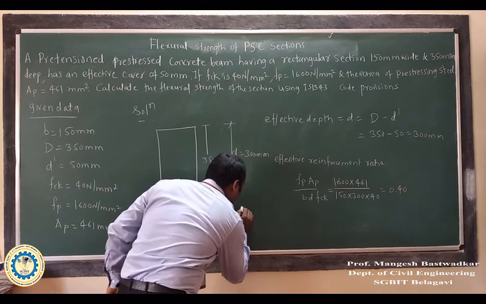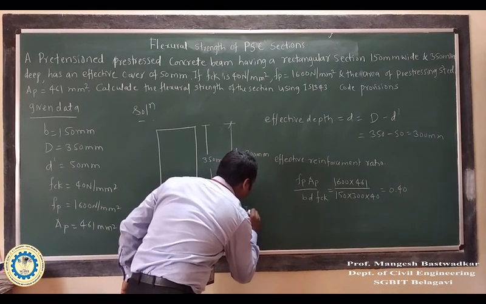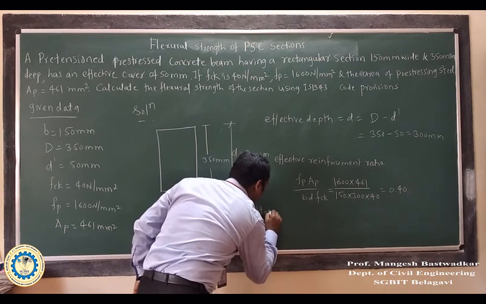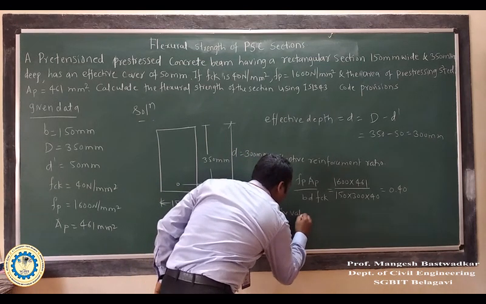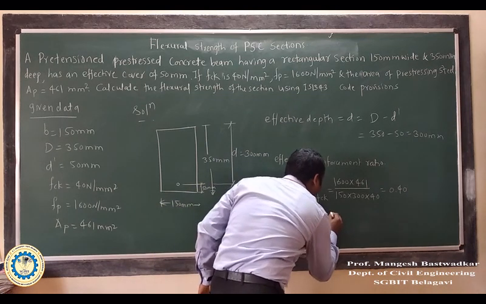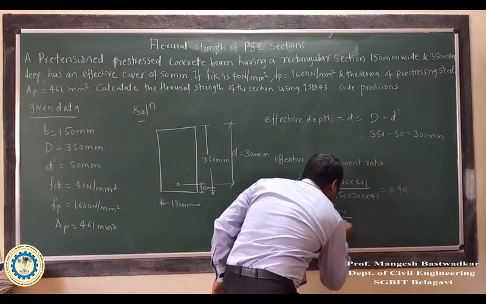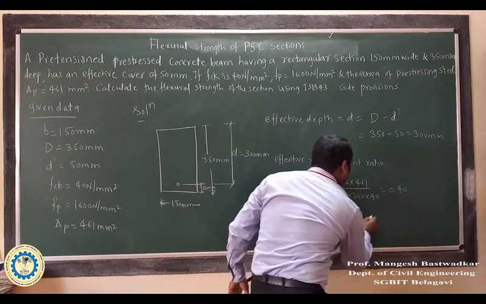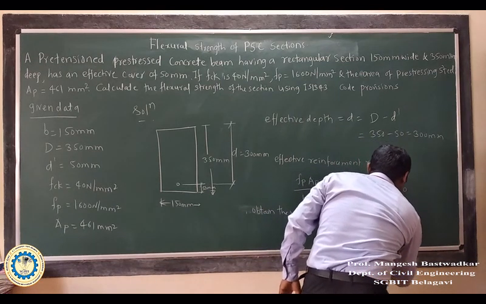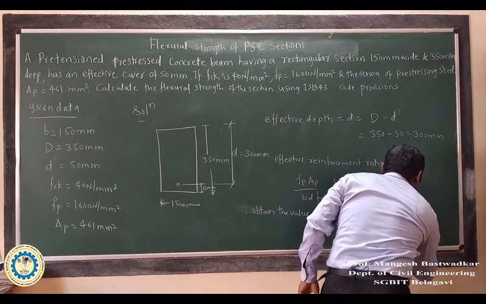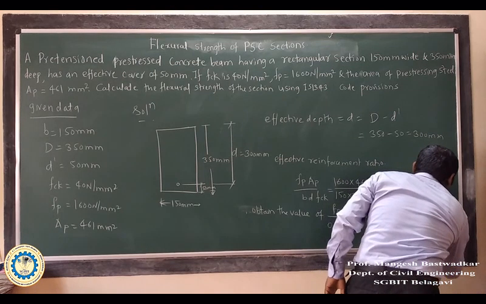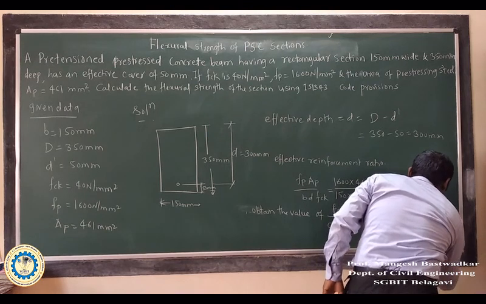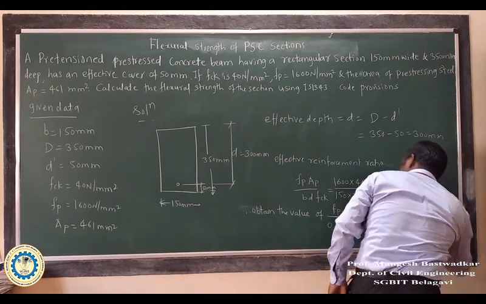So to obtain the value of fpu divided by 0.87 fp and xu by d from table number 11 of IS 1343-1980.